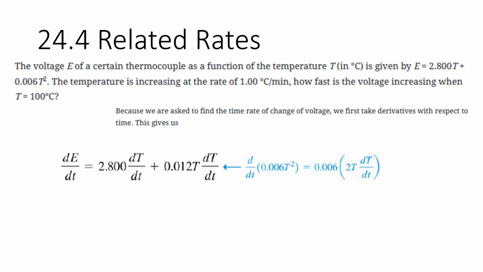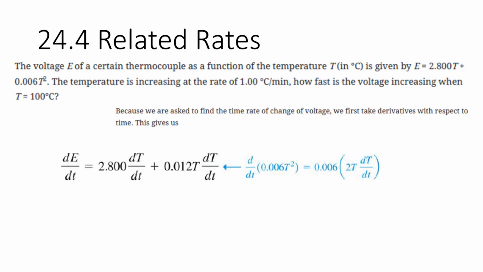I want to know the rate of change of the voltage over time, which is equal to the rate of change of the temperature over time, plugged into the formula that we use for voltage. So we said that the voltage is equal to 2.8 times the temperature plus 0.006 times the temperature squared. I'll go ahead and take the derivative with respect to the rate of change of temperature over time.